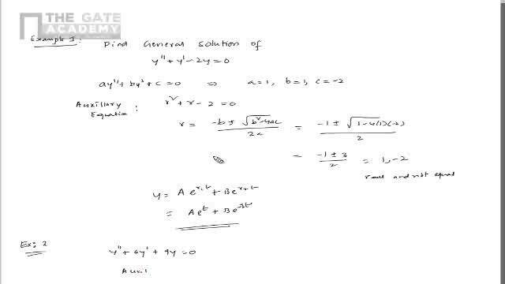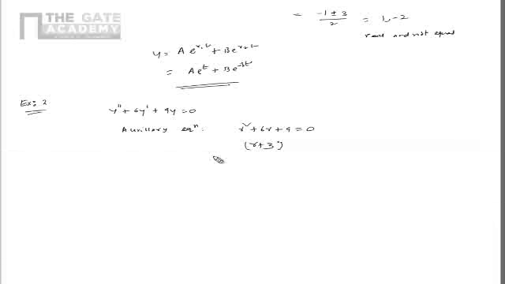So the auxiliary equation for this will be r square plus 6r plus 9 is equal to 0, and this I can readily write in factored form, or you can use the quadratic formula. So the roots are minus 3 and minus 3, so the roots are real and equal.